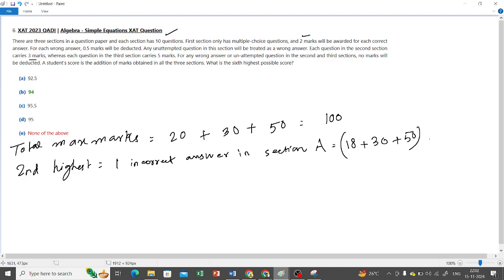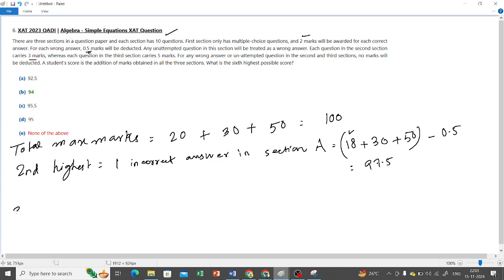This is the marks he has obtained. In section A he has made one wrong, and for one wrong he is going to lose 0.5. He has done 9 correct in section A, so 18 marks, and all correct in section B and C. So he is going to get 98. Now because of that one mistake in section A, 0.5 marks is going to go off. So that means 97.5 is the second highest. Yes or no? You understand this?